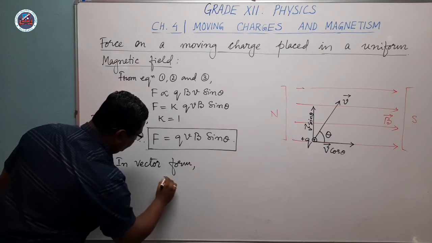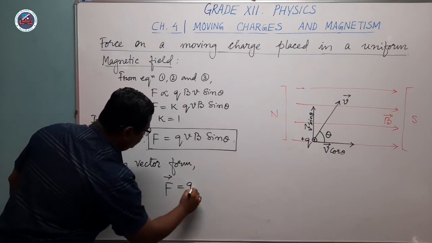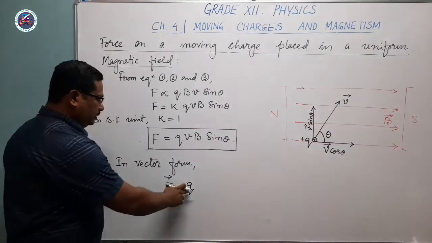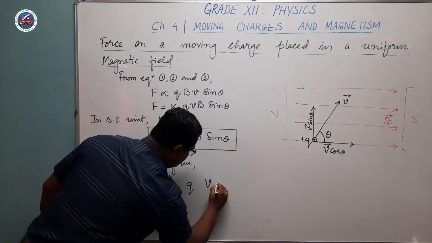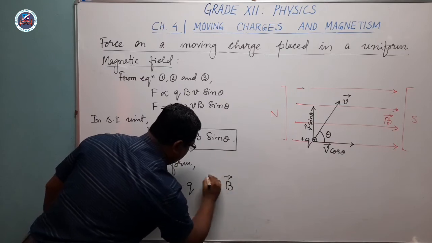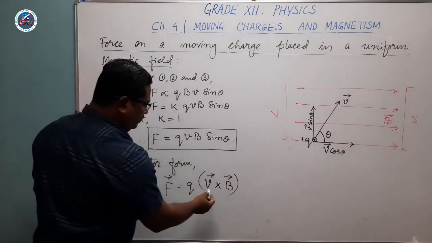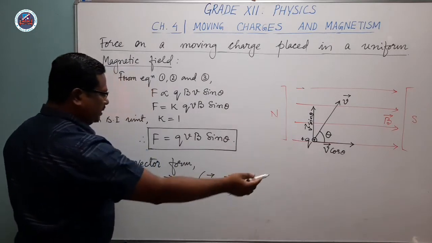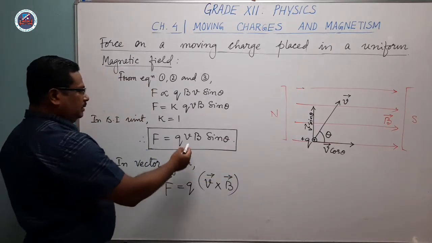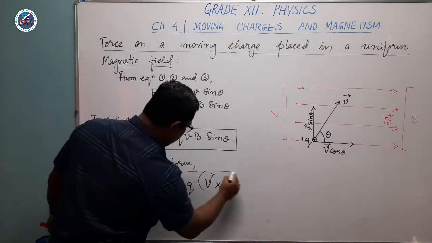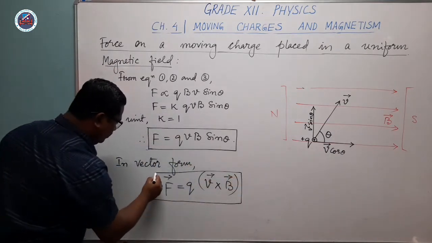Q is a scalar quantity, charge is a scalar quantity, we write Q, then these two quantities V cross B will come. You know that in vectors, A cross B is AB sin theta. So here V B sin theta will be V cross B. This is the representation of force in vector form.